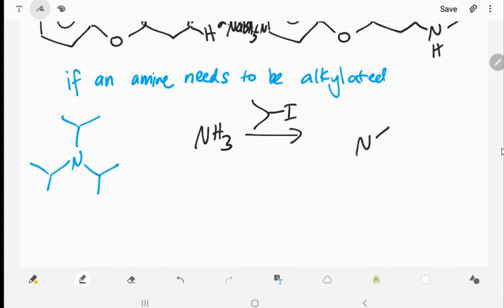Because remember, if we do that, we're going to end up with 4 of them on there, quaternary style.